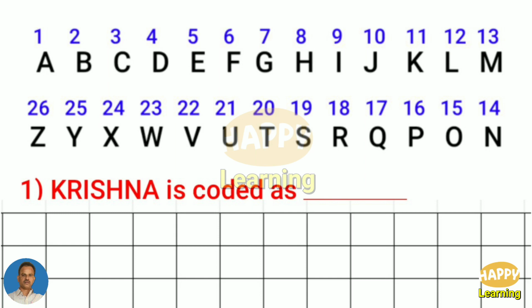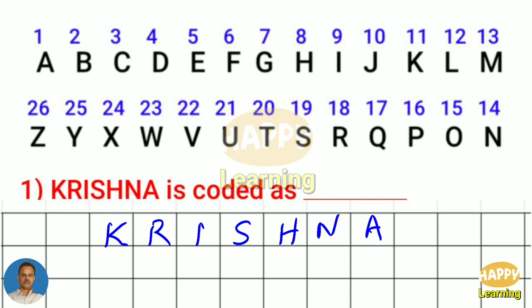So for that, let us write this Krishna word here. Just for explanation part, I have created a grid here. In exam, you need not write this grid. You can directly write on the word itself, on the question itself.